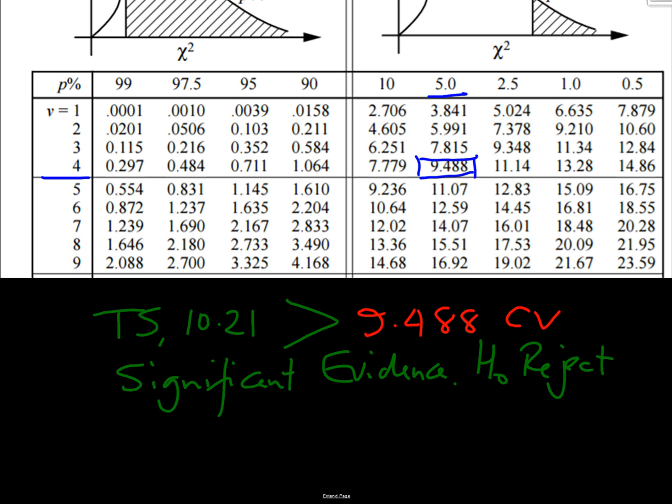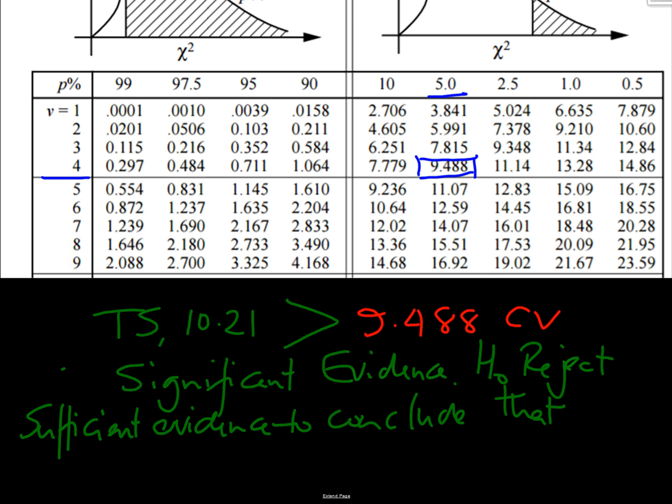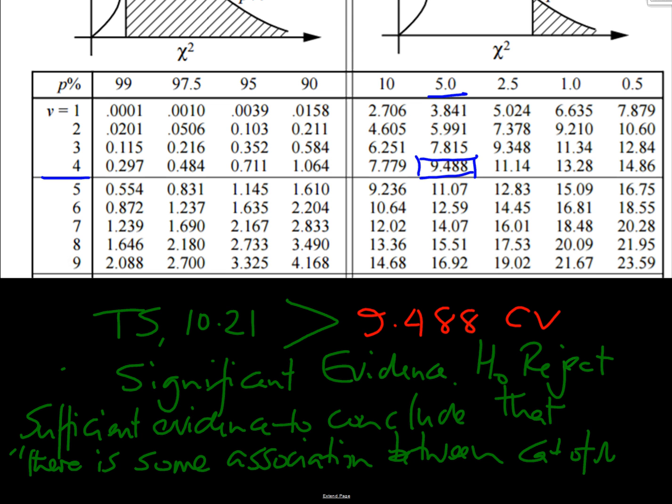And then I'm going to write, as ever, in the MEI S2 wording, there is sufficient evidence to conclude that there is some association between category of runner and type of runner. So there we go. There's 12 marks for that.